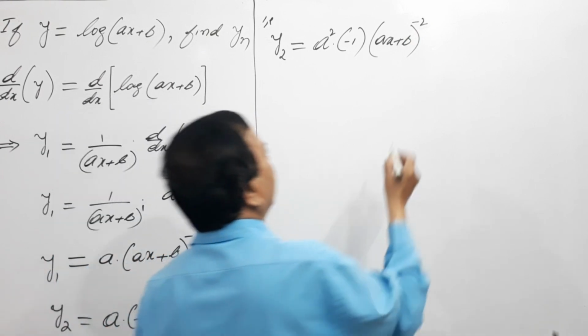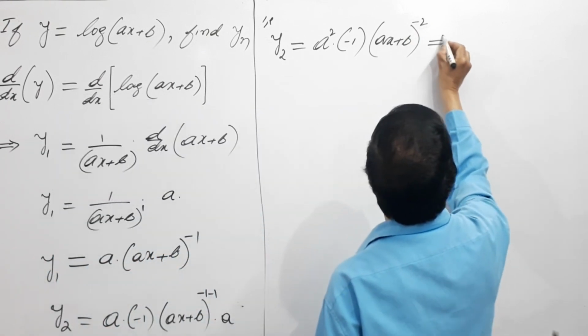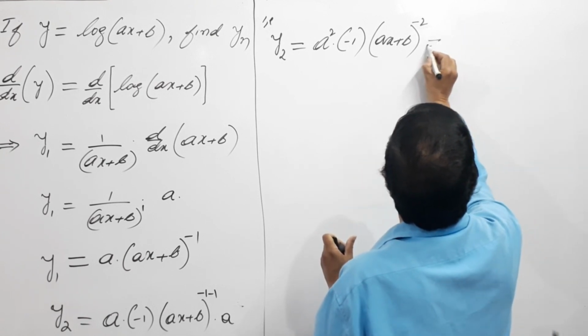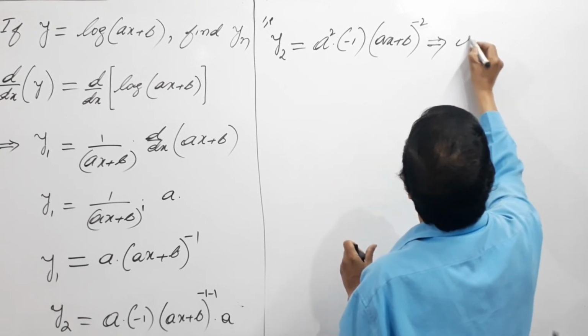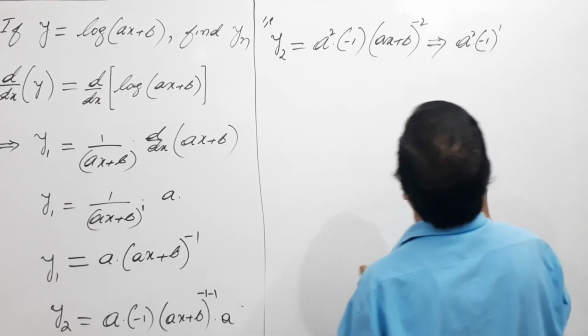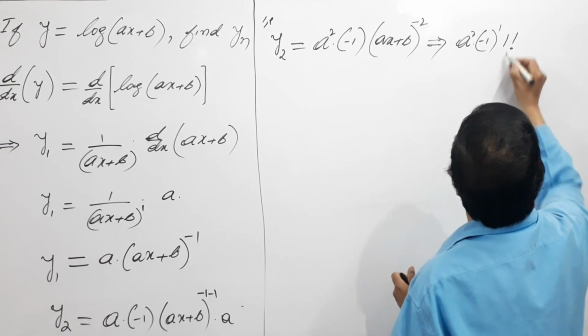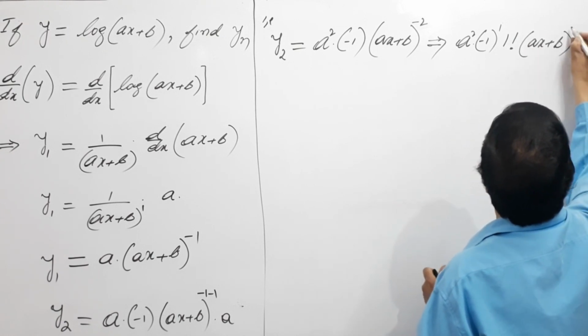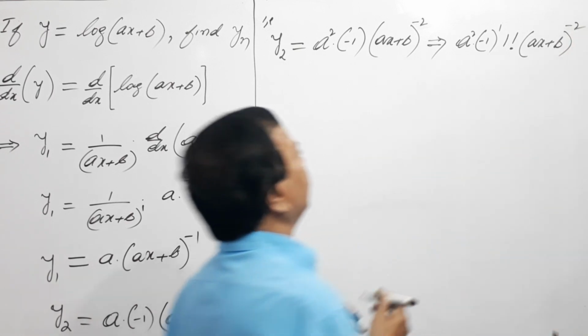I can write this as a square into minus 1 to the power of 1, into 1 factorial, into ax plus b to the power of minus 2. Done.